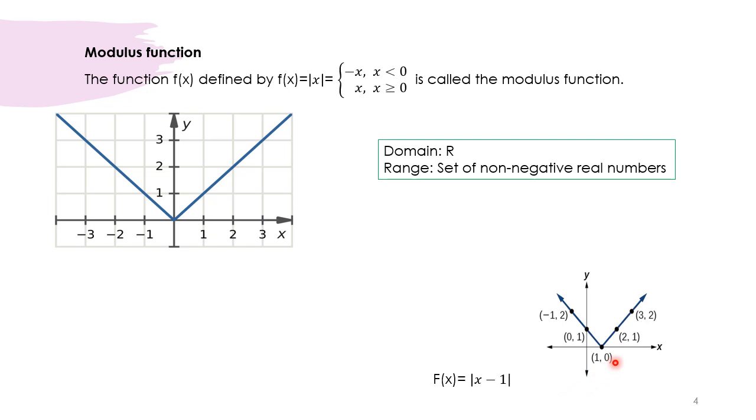So the first point is x = 1, y = 0. Then you take some values, like 2, 3, and so on, I mean some values more than 1 and some values of x less than 1.